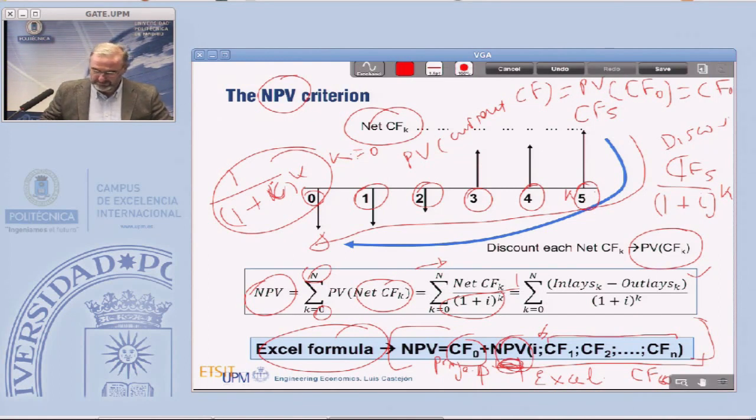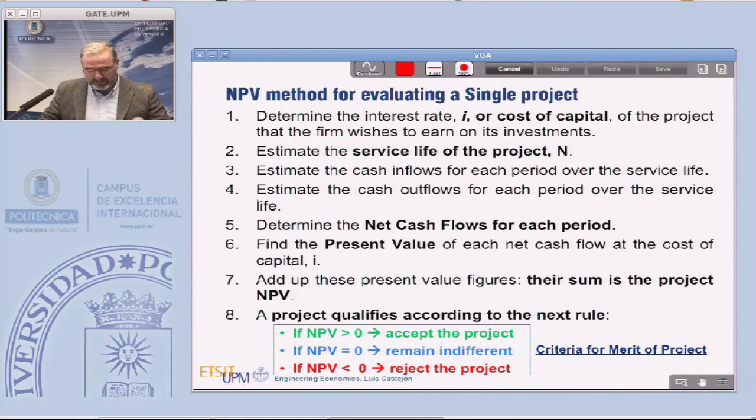Okay, we can continue. So we have here a detailed methodology for calculating the net present value, step by step. The first step, this one, is to determine, and we are going to see now how, the interest rate, or as I prefer to call it, and as they call it in general in the financial industry, the cost of capital, which is the minimum expected return of every project a company invests in.